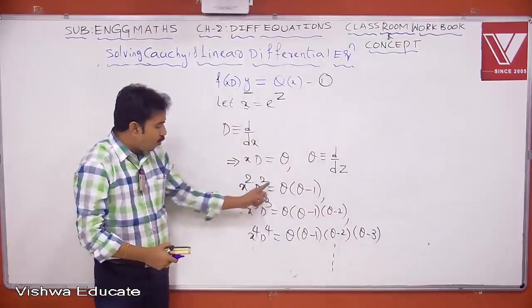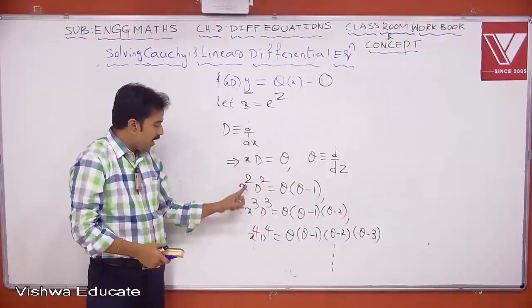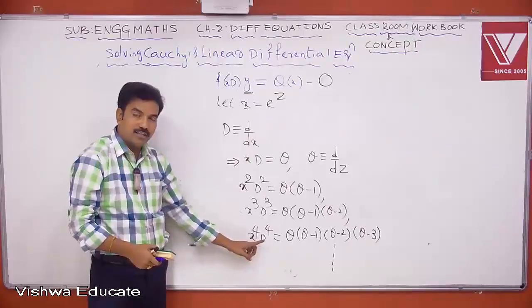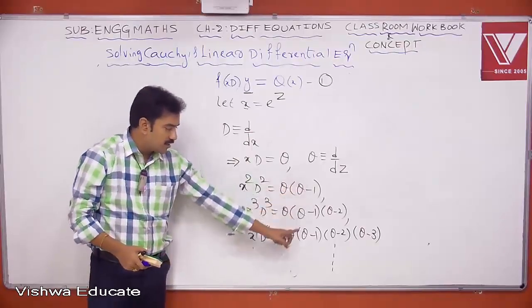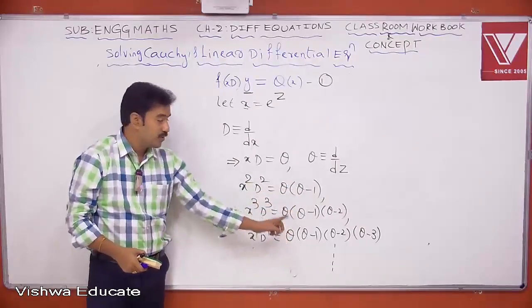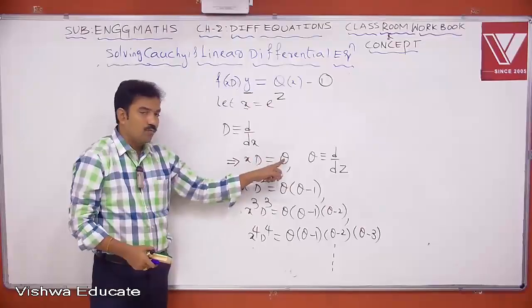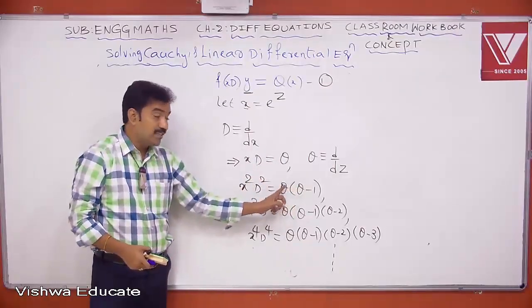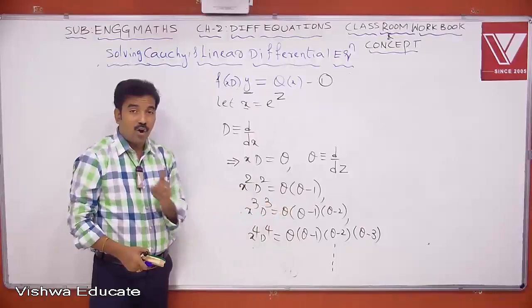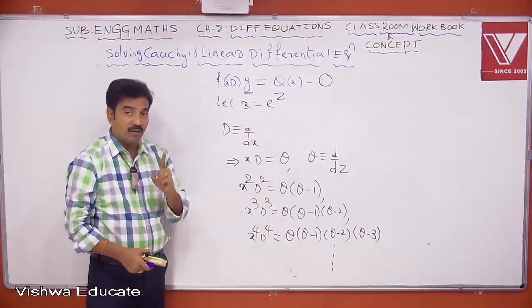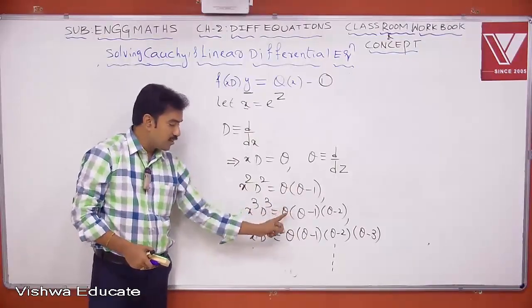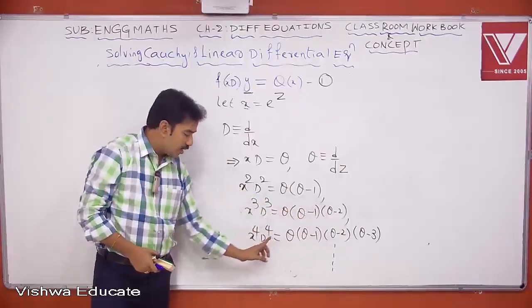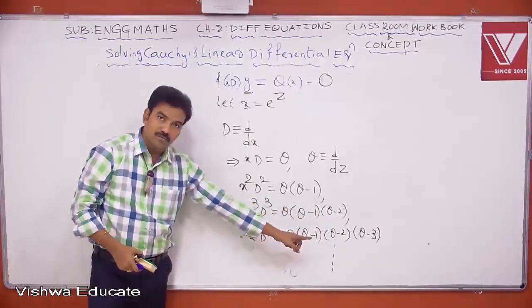On the LHS we have powers of x and powers of d, but on the RHS we have only theta terms. If the power is 1, I get 1 term. If the power is 2, I get 2 terms, theta into theta minus 1. Always you need to decrease the theta value by 1. X cube d cube equals 3 terms, and x power 4 d power 4 equals 4 terms, like this.